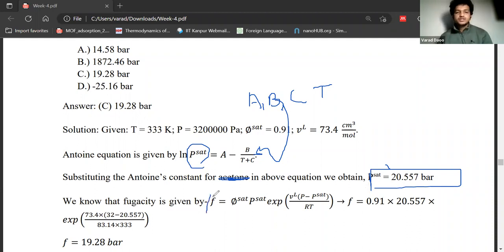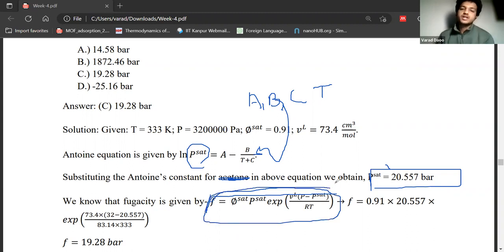We know that the fugacity is given by the Poynting correction. So this is the expression by which we get the fugacity of the liquid using the Poynting correction factor: phi sat multiplied by P sat multiplied by the exponential of VL into P minus P sat divided by RT. We just put in the values. Phi sat has been given as 0.91.